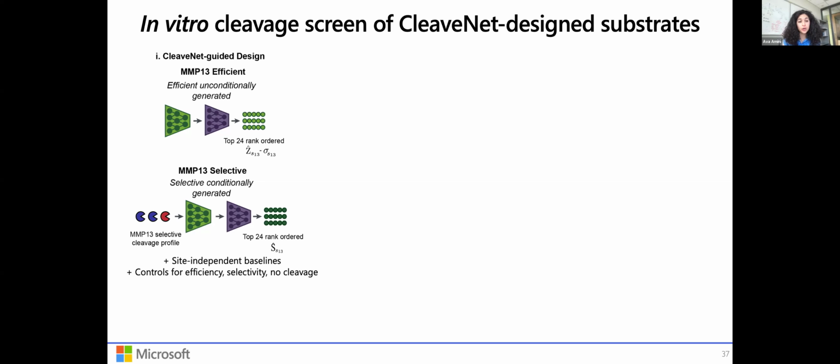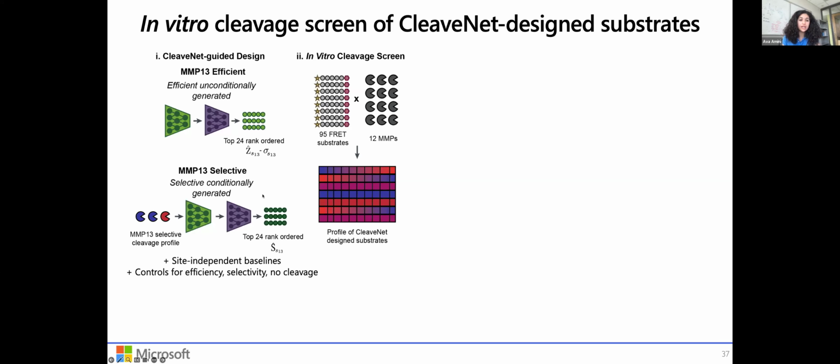And in our screen, to assess both efficiency and selectivity of these substrates against a range of MMPs, we did a pairwise screen where for each of these 95 substrates, we measured its cleavage against each of 12 distinct MMP proteases. So this gives us a large matrix of these cleavage profiles spanning substrates by proteases.